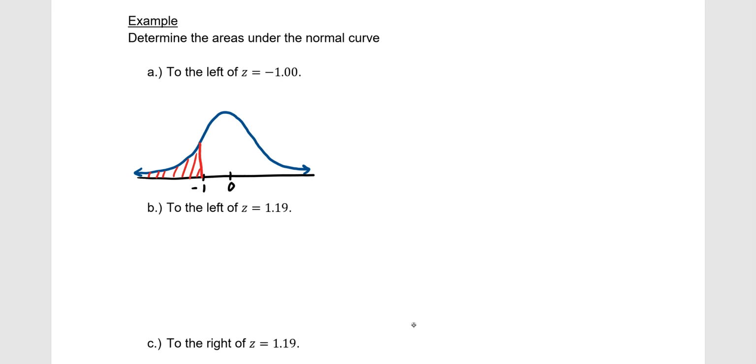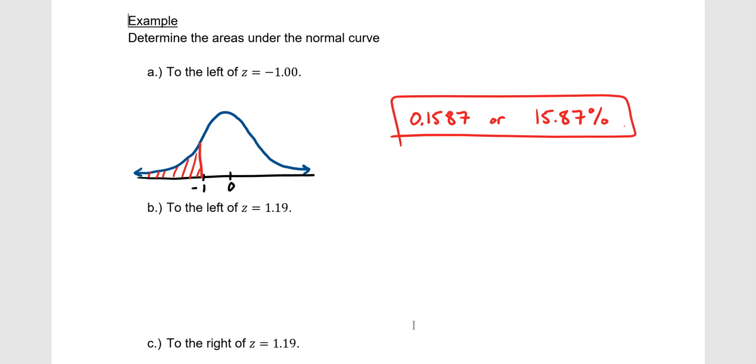So the area to the left is 0.1587, or 15.87%. So 15.87% of the data would fall to the left here, or 15.87% is shaded in.